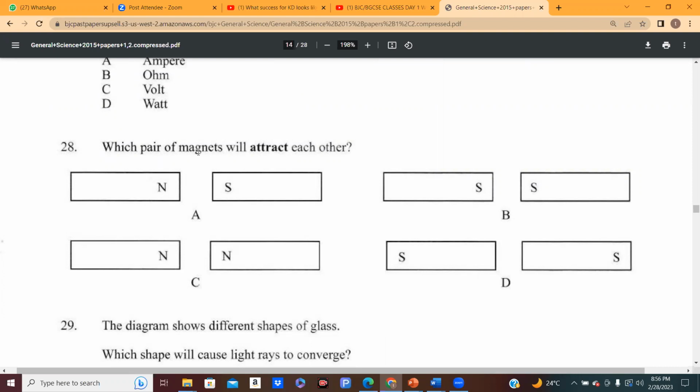Which pair of magnets will attract each other? Jennifer. A. A, very good. Why A? Because they're opposite. Very good. Opposite poles are going to do what? Attract, right?